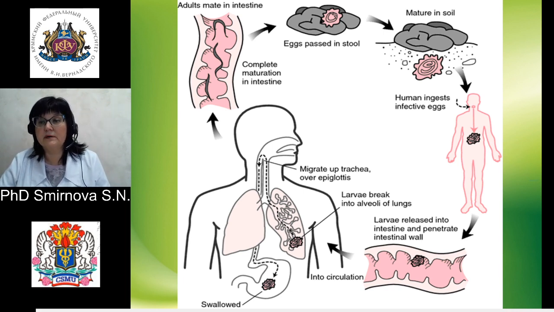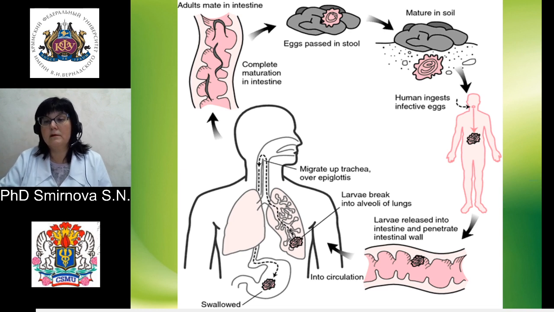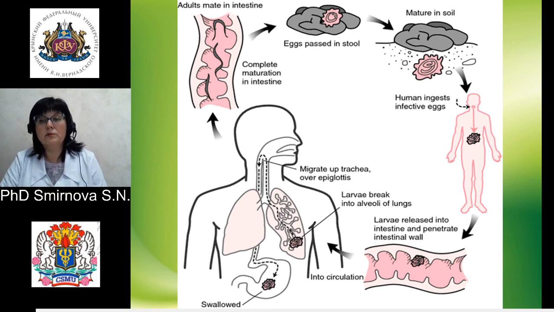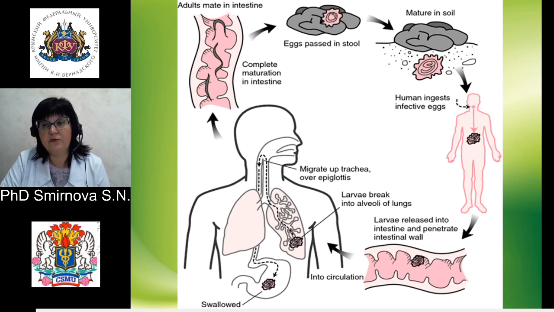Then the larva penetrates the wall of the small intestine and moves to the liver, to the heart, and then to the lung. In the lung, rhabditiform larva develops, which during 2 to 3 weeks transforms to filariform larva.